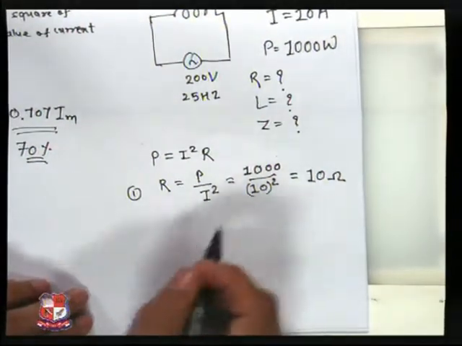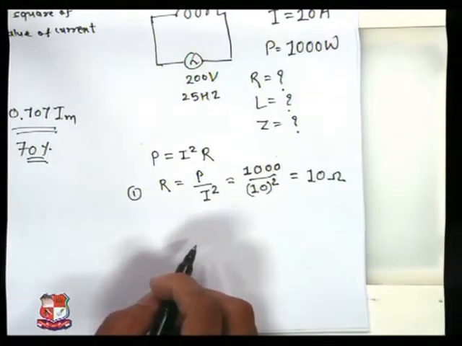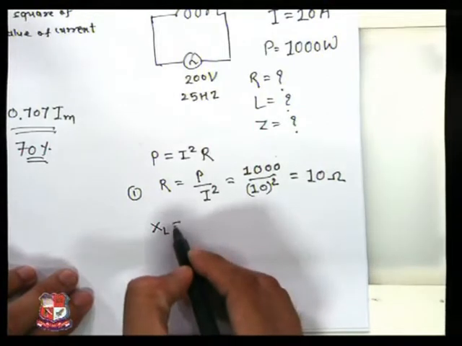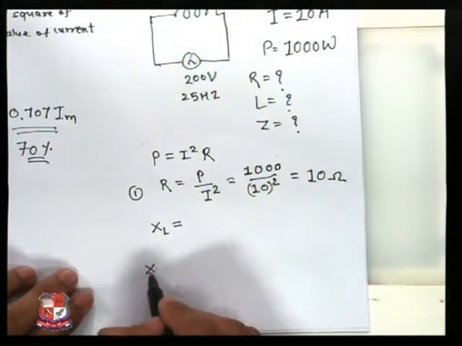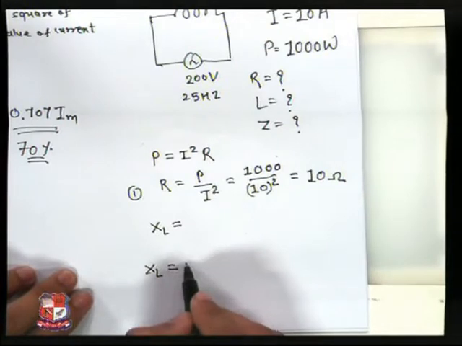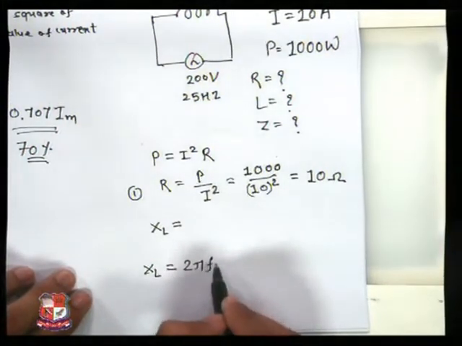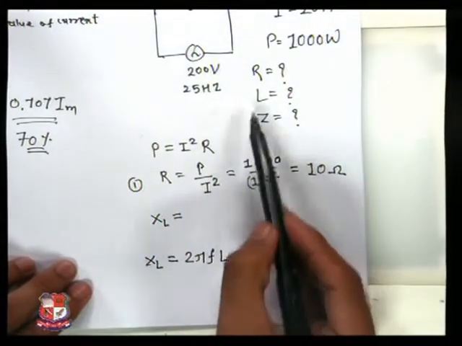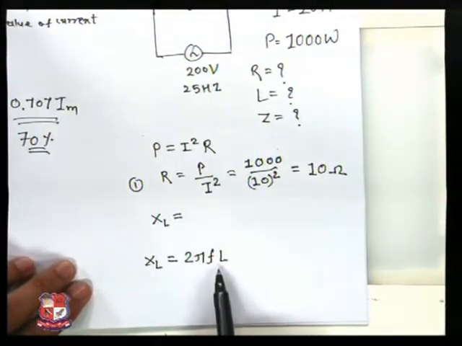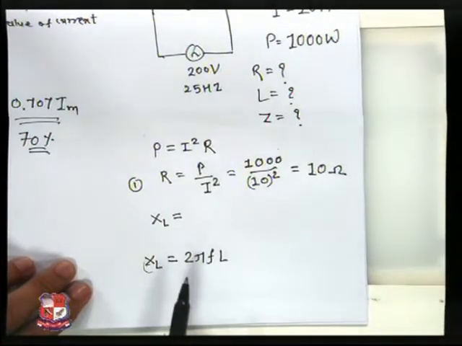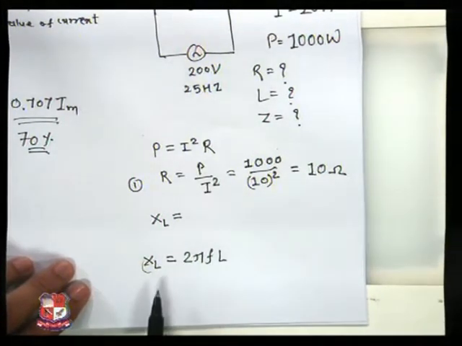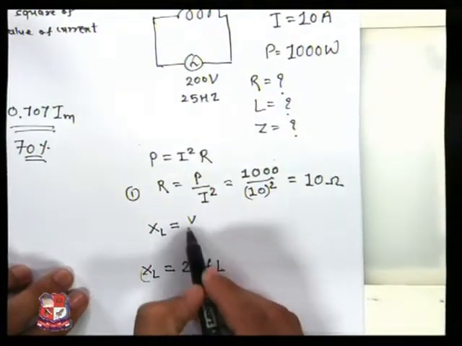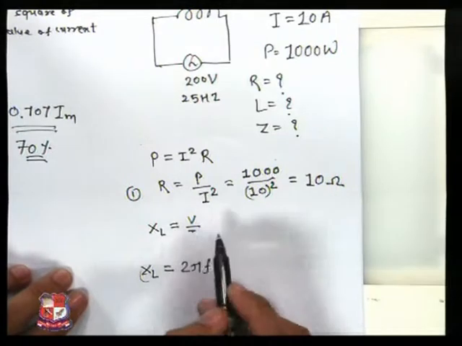Now for the second value we have to go with XL. Now as we know that XL equal to 2 pi FL, I can find out my inductance using this equation, but I don't have the value of XL. To determine the value of XL, we simply put here voltage divided by current.